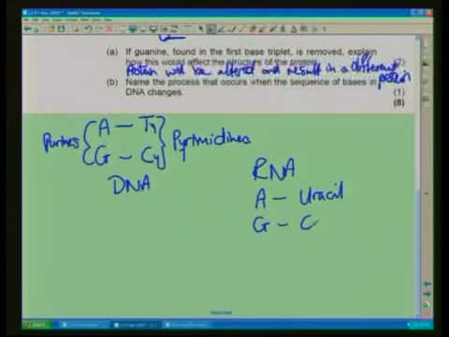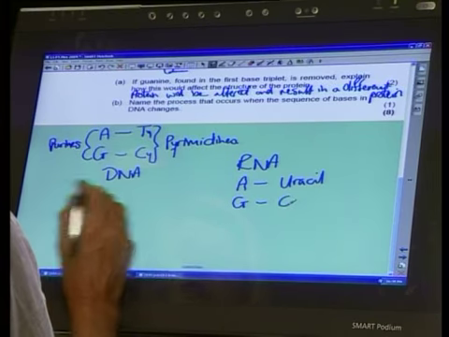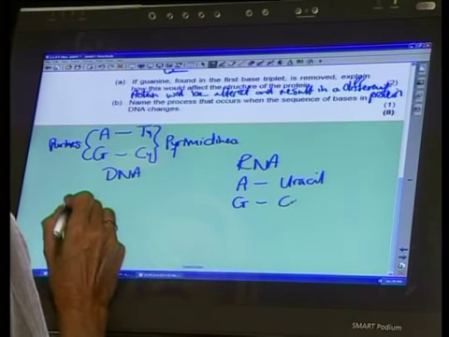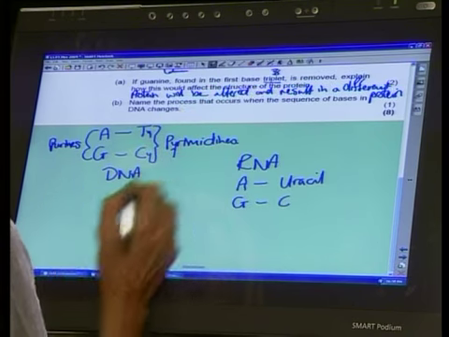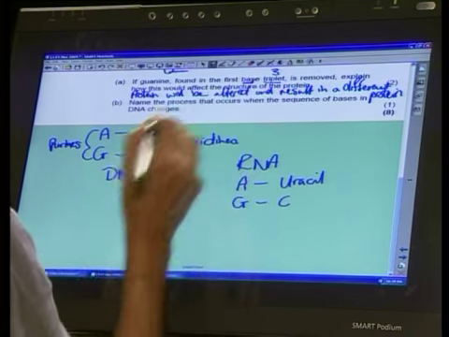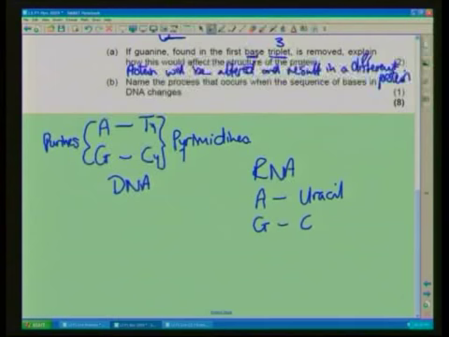Now, a base triplet tells you that there are 3 pieces, and it comes from the nitrogenous bases. So let's say I have adenine and guanine and cytosine. That is my base triplet. There are 3 parts to it, 3 nitrogenous bases.